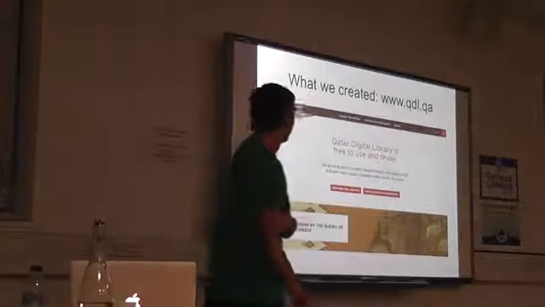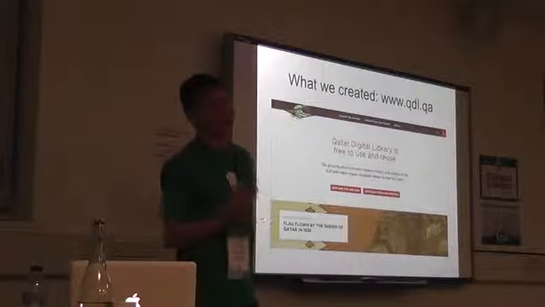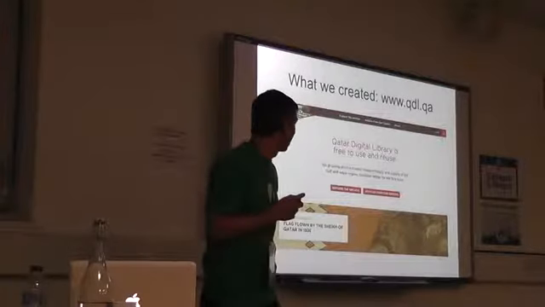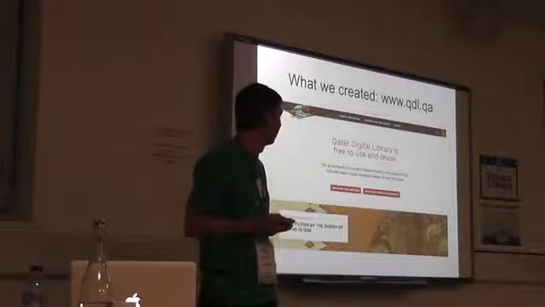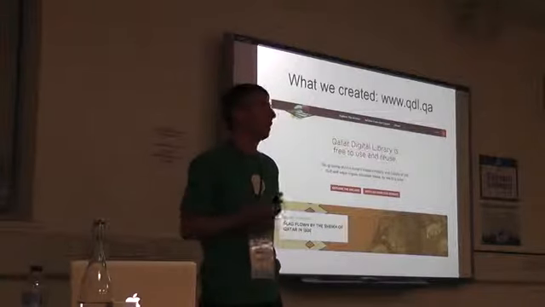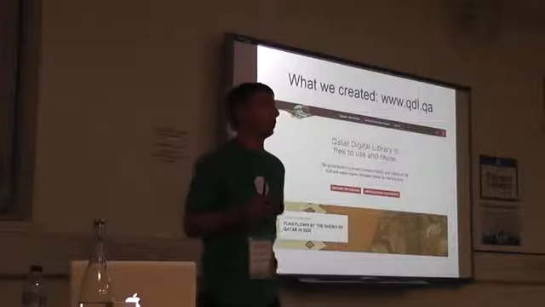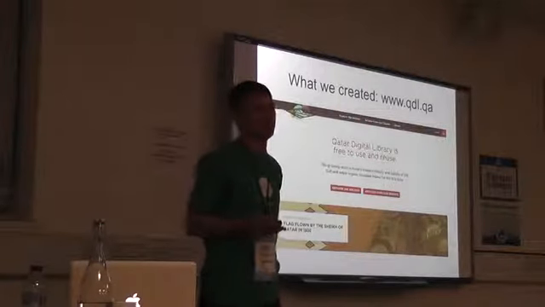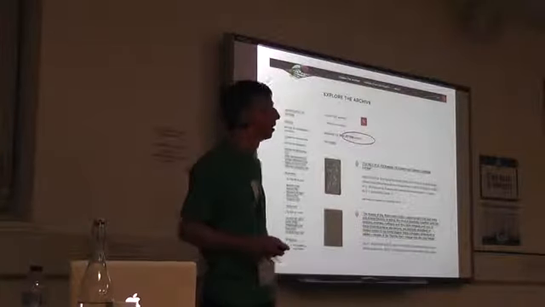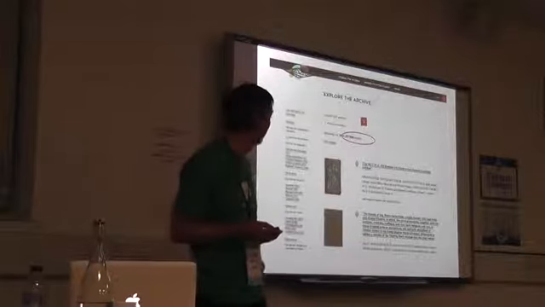So here we go. Almost all of the information I'm going to talk about here we gleaned from creating this website. It's the Qatar Digital Library website, and please do go and have a look at it online. It features hundreds of thousands of historical source documents provided by the British Library, who have a team of archivists scanning this stuff and uploading it to backend systems.